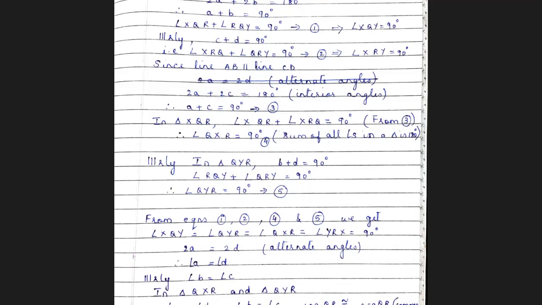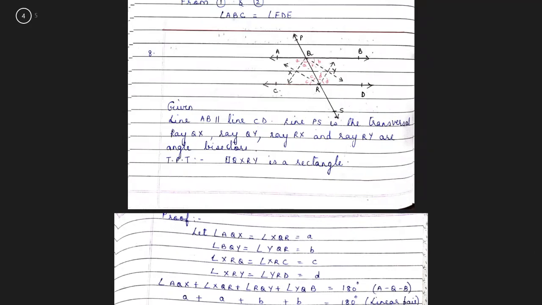What is the next thing I have to prove? I have to prove opposite sides congruent. For that, I'll consider triangle XQR and triangle QYR. Now, do you agree angle AQR and angle QRD are congruent? Why? Because they form a pair of alternate angles.